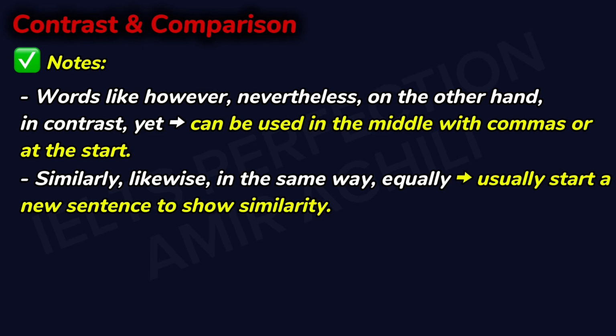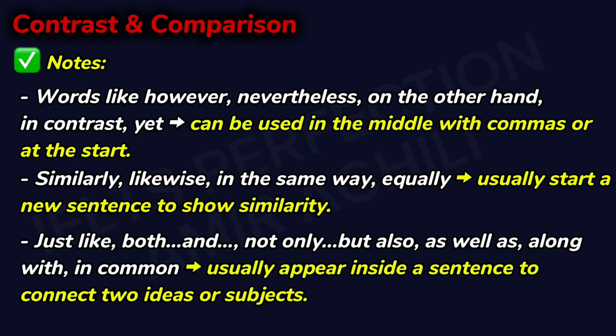Similarly, likewise, in the same way, or equally usually start a new sentence to show similarity. And lastly, just like, both and, not only but also, as well as, along with, and in common usually appear inside a sentence to connect two ideas or subjects.